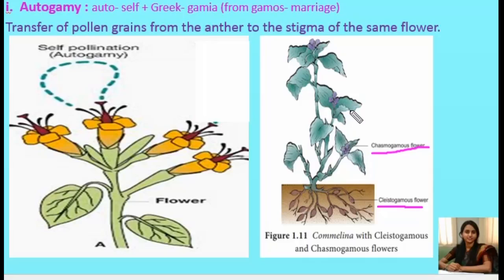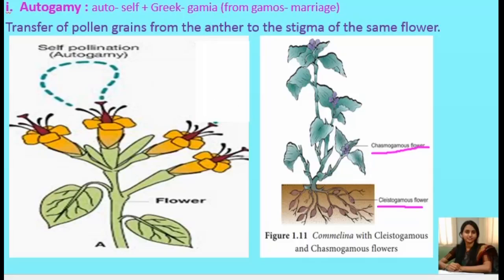These cleistogamous flowers produce assured seeds even when there are no other pollinating agents. I hope all these points are clear to you.